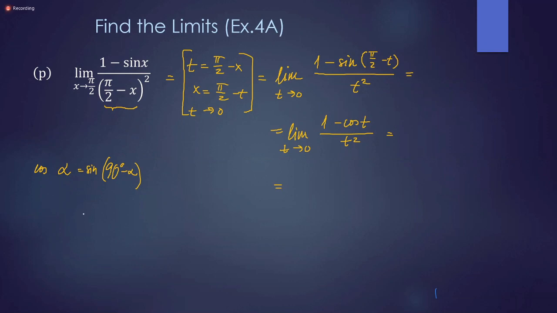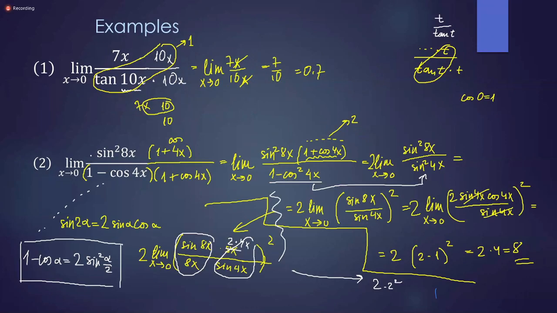From the formula we had on the board a few slides ago, that was this one in the corner. This formula is useful now. How to move from 1 minus cosine of some angle to 2 sine square of half angle. And that's what we actually are doing here at this moment.